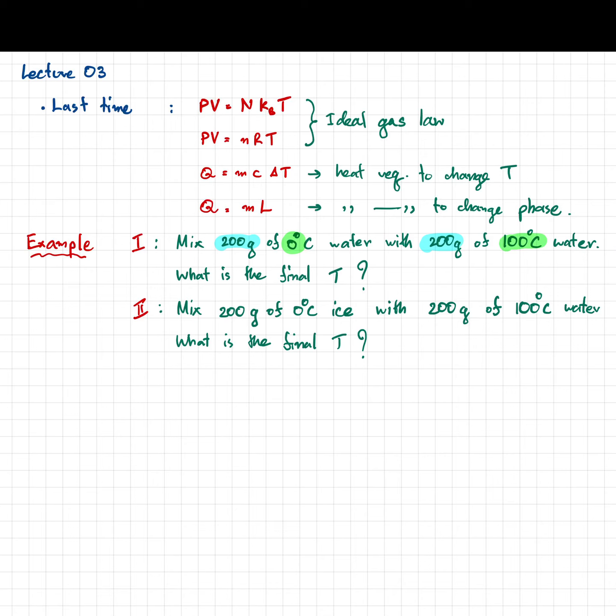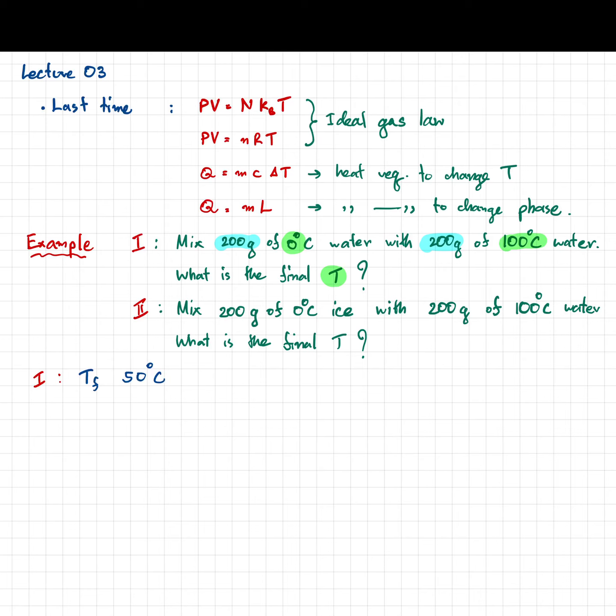What is the final temperature? Well, you don't need to do any calculation. You can calculate it quickly in your head, because you have 0 degrees, you have 100 degrees, and they have the same mass. So in the end, it should be halfway once you mix them. The answer for the first question is simply T final equal to 50 degrees Celsius.